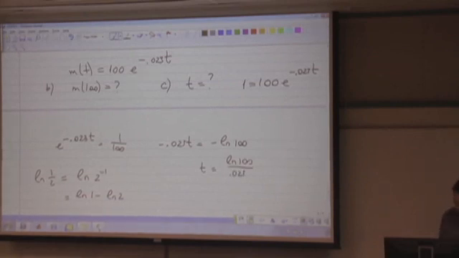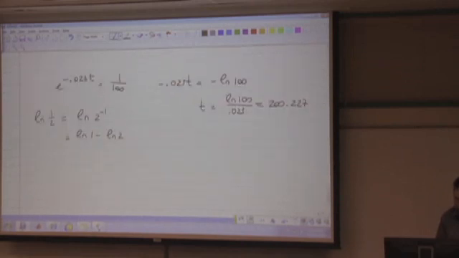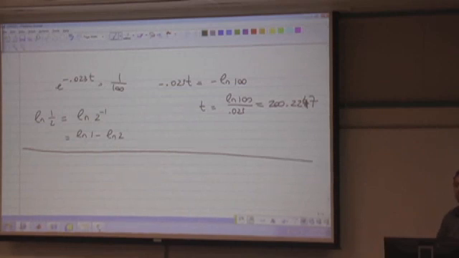Actually, let's finish this problem off. Can you tell me what that is? Well, give me the actual number. 200.227... okay, 2247. Let's play a game because I want to see if you know how to figure this out.